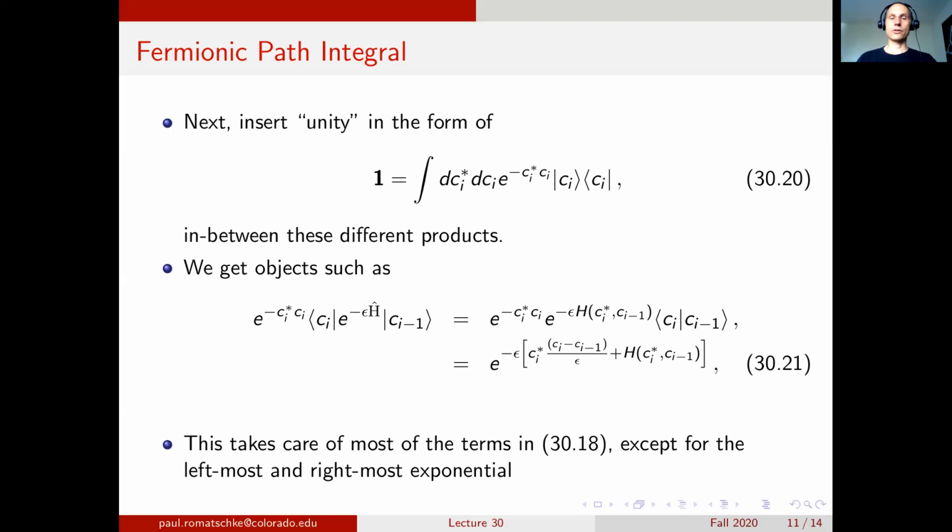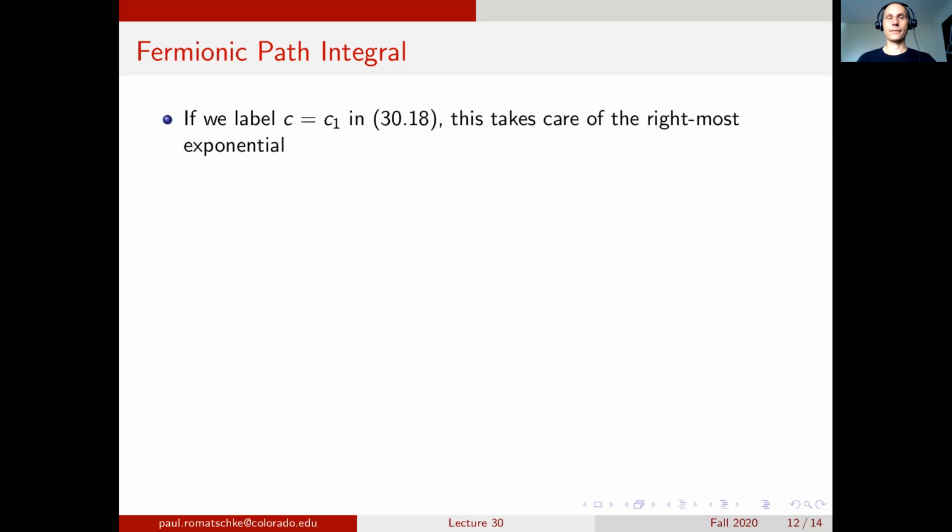And as such, this object takes care of most of the terms in our partition function, except the very leftmost and the very rightmost exponential, which we have to still discuss. If we relabel the C that we had in the definition of the trace as C1, this takes care of the rightmost exponential, and then all we have left is the leftmost exponential.